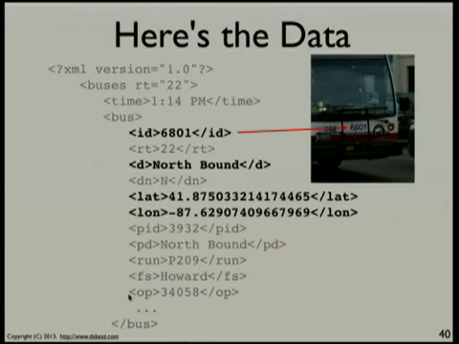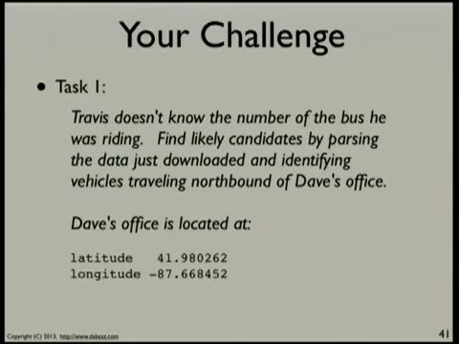I don't know whether the bus union knows about that, but yeah, operator IDs. If you were so inclined, you could query the transit system and do statistics on things like who drives really fast based on GPS coordinates and all sorts of stuff. So a lot of interesting data in there.